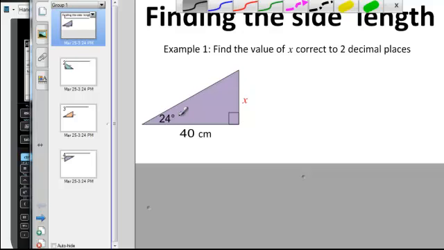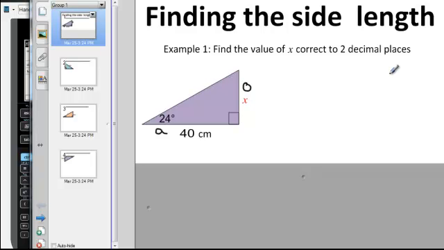So if that's 24 degrees, then x is our opposite side, so I'm going to mark that with an O for opposite. And this side that we're given here is 40 centimeters, and that is the adjacent side. So I'm going to label that with an A. Okay, the third side there, we don't know it, and we don't want to find it out, so we're just going to leave it for this example.